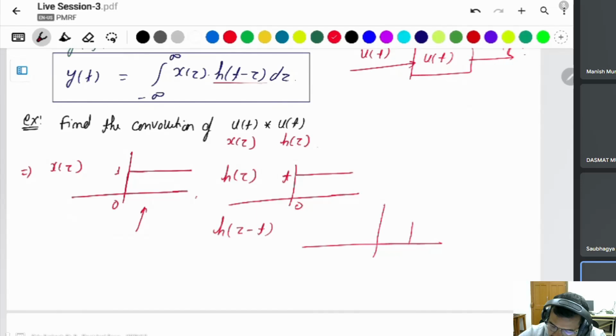This one has some delay t. This one is τ because I replaced t with τ. All of them are like that. t is replaced by τ.